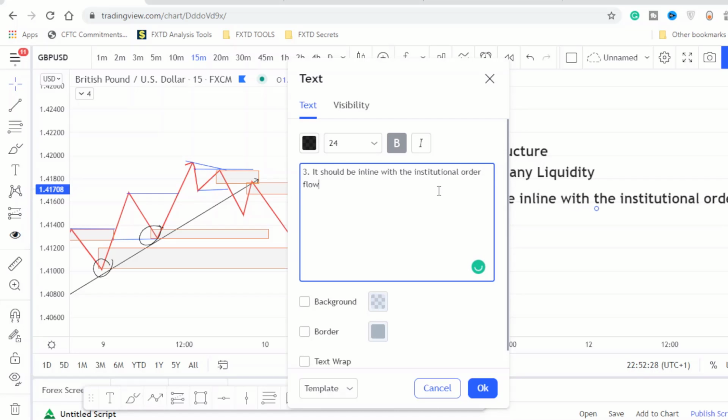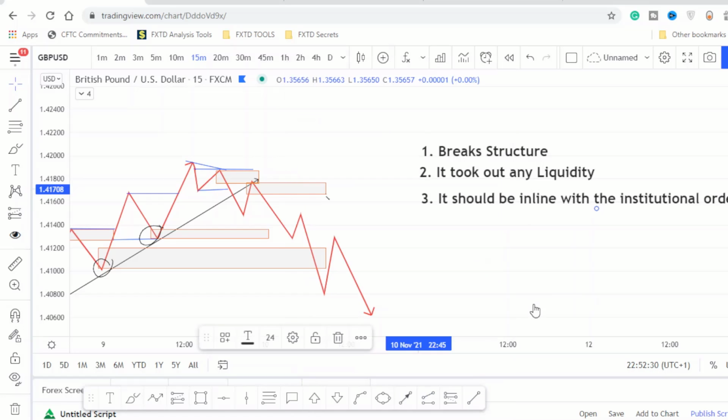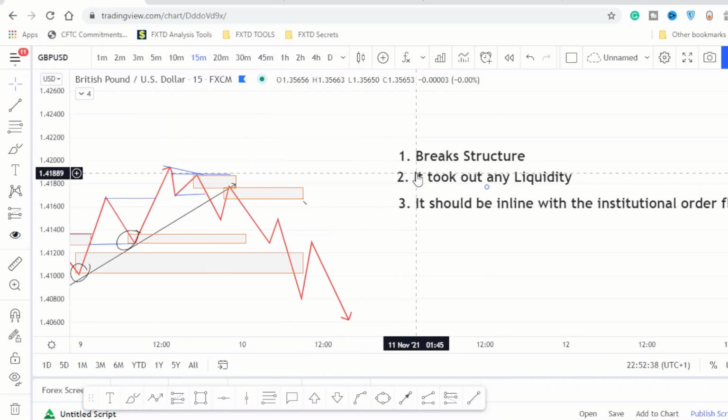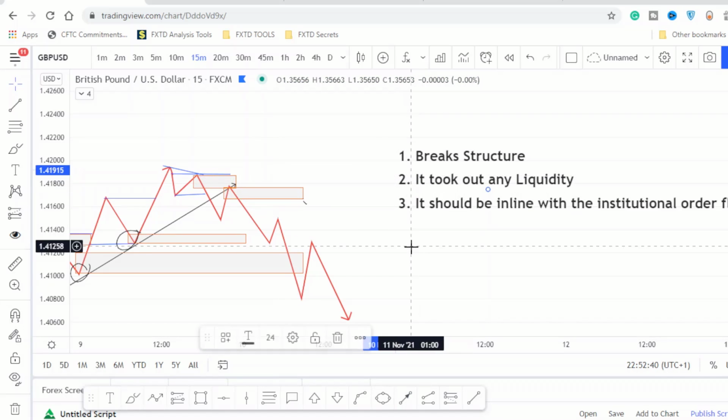Now I know most of you don't know what an order flow is. Order flow is very, very important. By the time you are able to get an idea of what an order flow is, I bet you that you are going to change the way you trade forever.